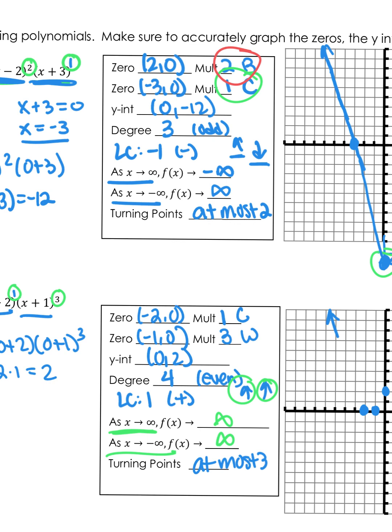The first 0 we'll get to will be -2, and here we're going to cross through the x-axis. And then we go to -1. This is going to be kind of hard to see, but we do have to wiggle at -1. So we'll cross through the x-axis, but we'll wiggle through it. So if you zoom in, you might be able to see my wiggle.